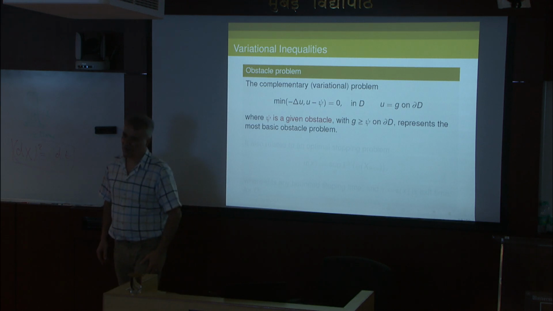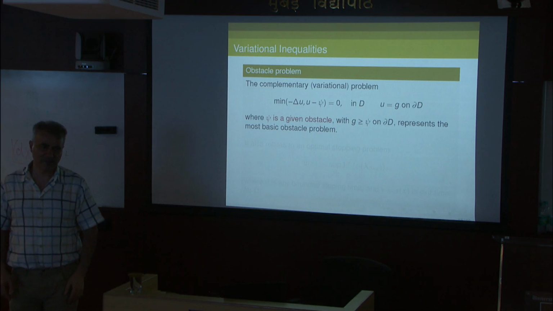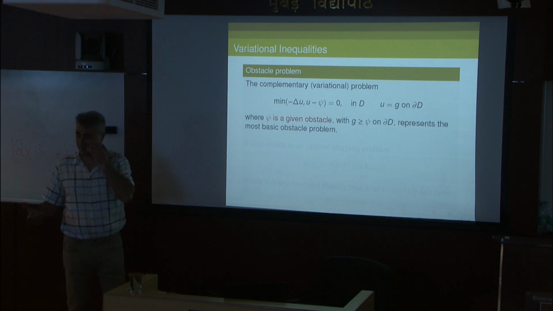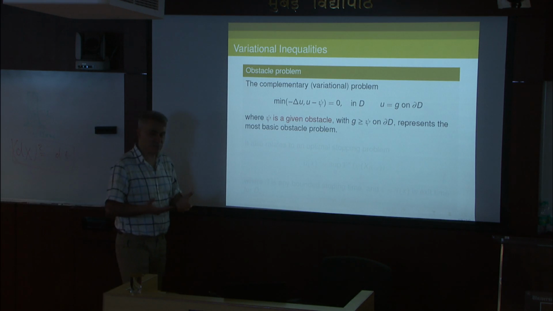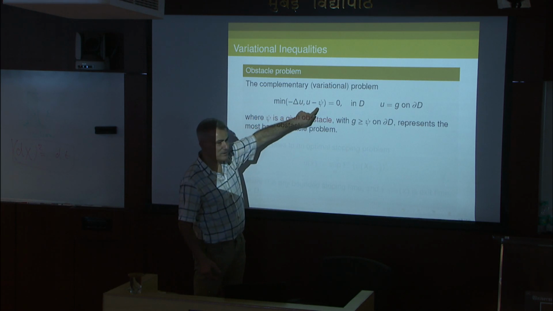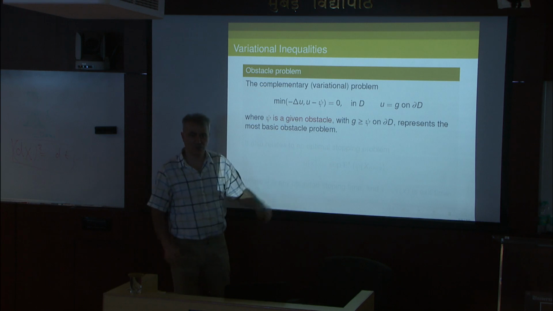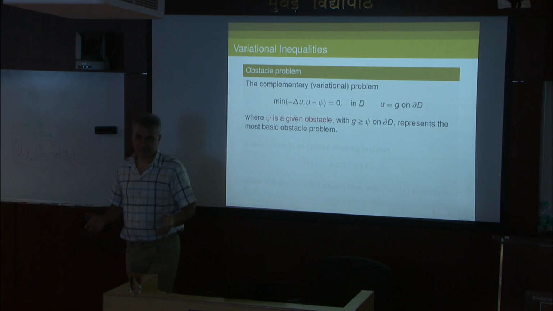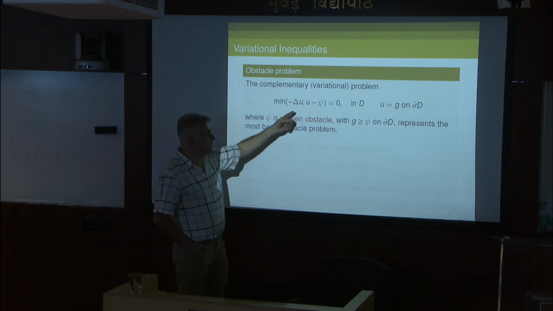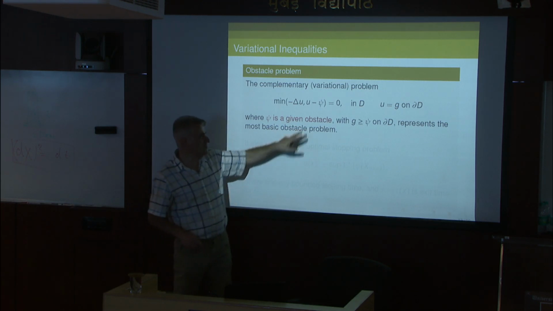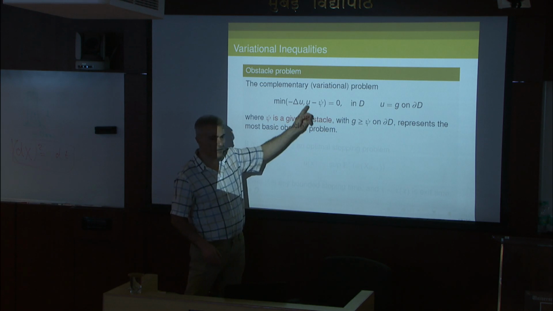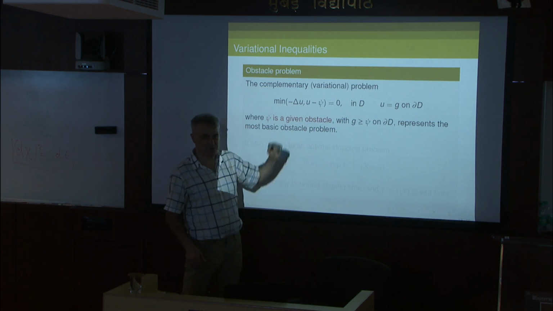So first of all, if the minimum is 0, it means they both have to be non-negative. So it already tells me that u minus psi is non-negative. So u is larger than or equal to psi. That's one piece of information. If u is strictly larger than psi, it means u minus psi is strictly positive. So this cannot be 0 if I choose this one. So this one has to be 0.